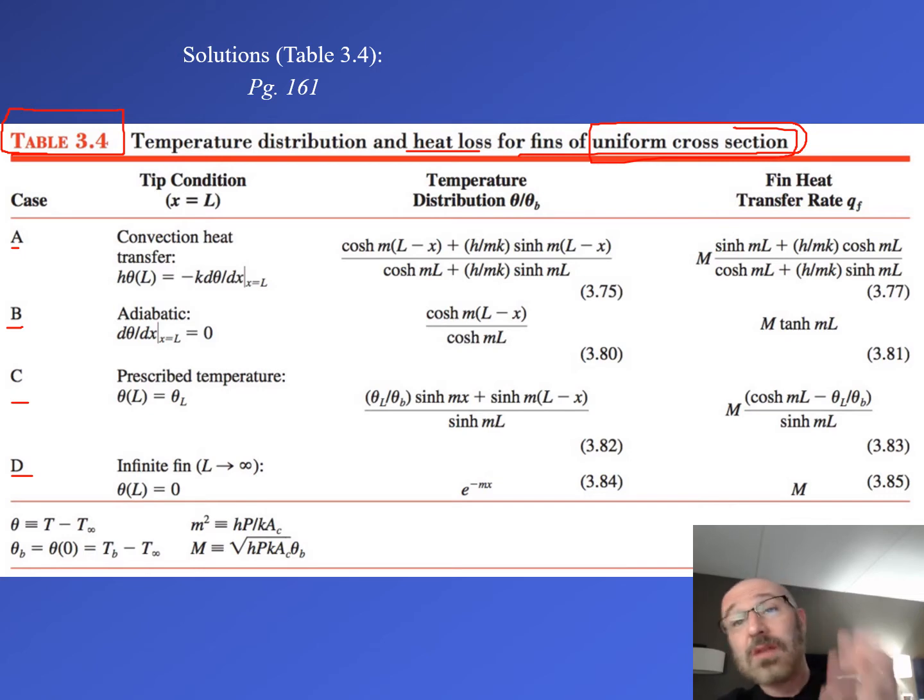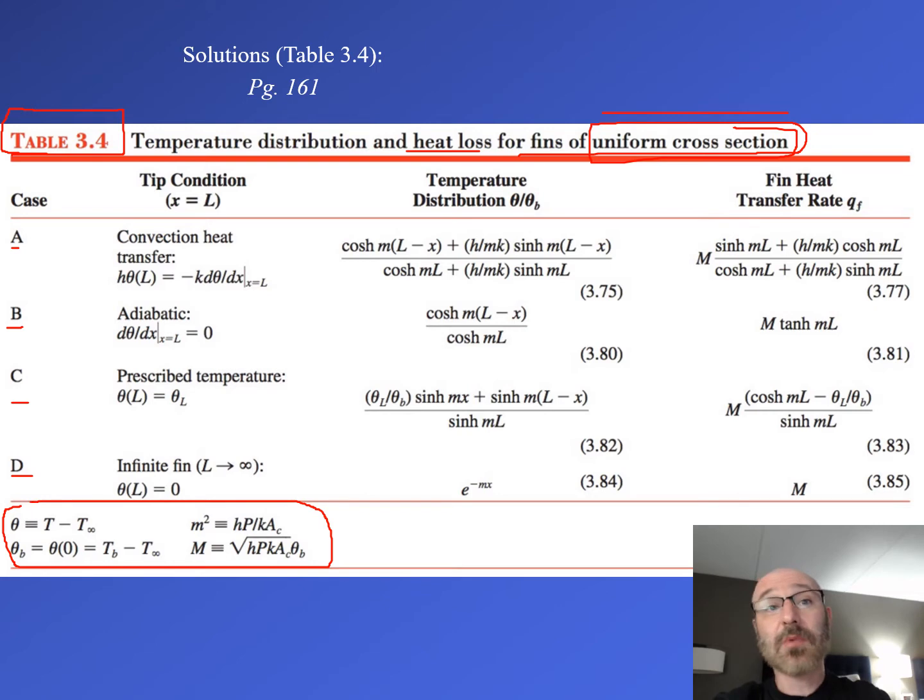Side note, these tables are great to reference back to, but make sure we read everything in the table so we know exactly what we're using and that we're using the right table. If we didn't have a uniform cross-section fin, this is not the right table for that. Also, a lot of these equations have been reduced down and simplified based on relationships that we can see. If we go down in the footer of this table, we can see the relationships. Our thetas are T minus T infinity. Our theta sub b is equal to our theta of 0, when x is equal to 0, is equal to T sub b minus T infinity.